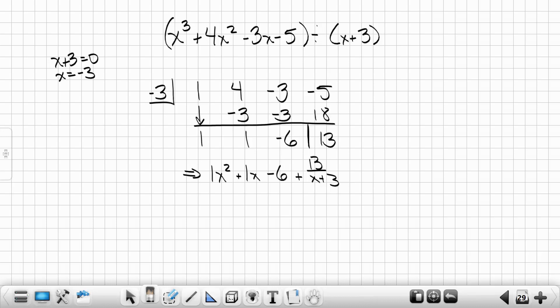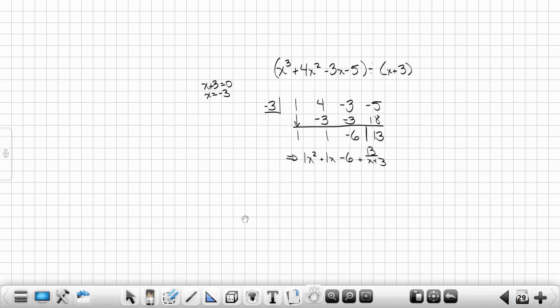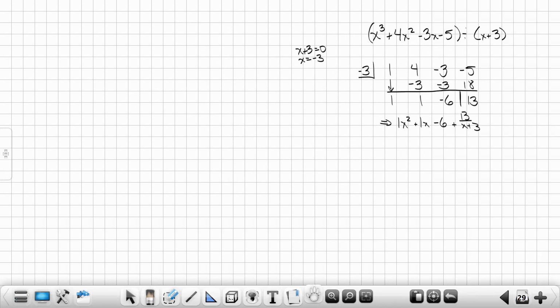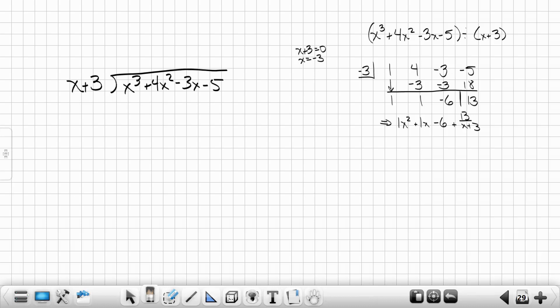All right, really quick. I wanted you to say, Mr. Bates, prove it. X plus 3 goes into x cubed plus 4x squared minus 3x minus 5, right? So I go x squared, distribute, subtract, cancels, get x squared.